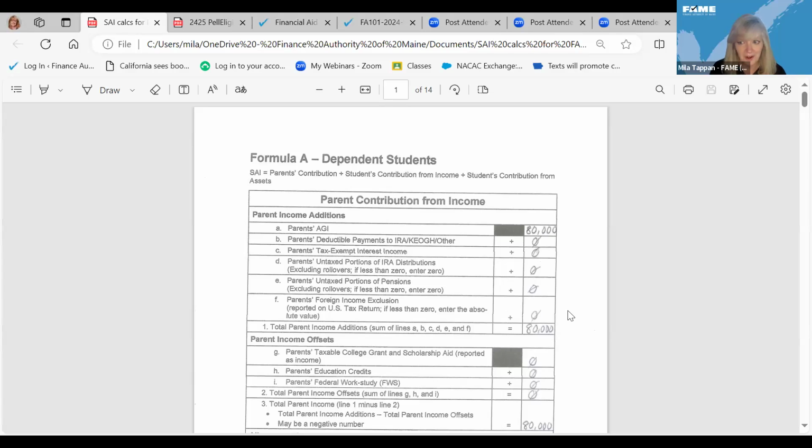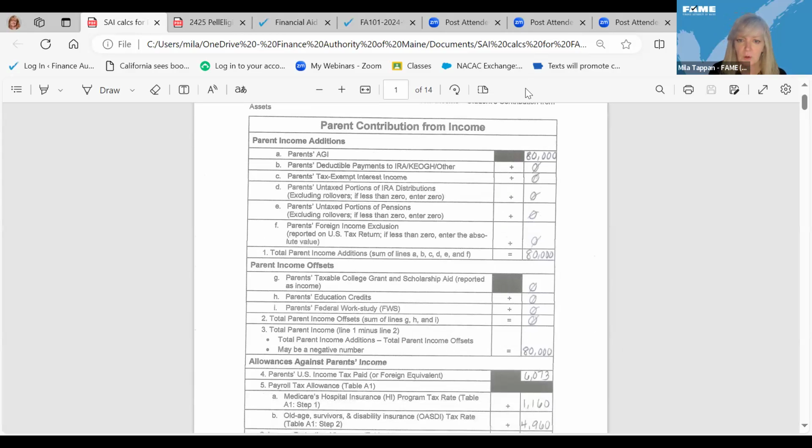So for this one year, even though their income was about the same from 21 to 22, because some of that income was due to his deployment and was untaxed, their SAI is very different than it would have been. So when we're talking with families, what types of income they have, taxable or untaxable, makes a big difference, much more so than it used to with the old formula.